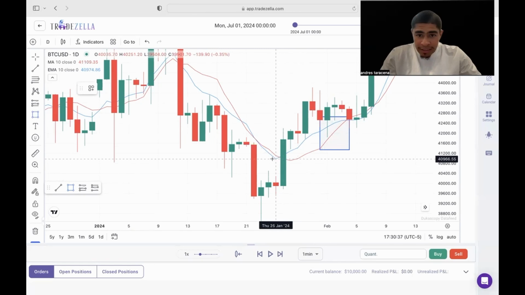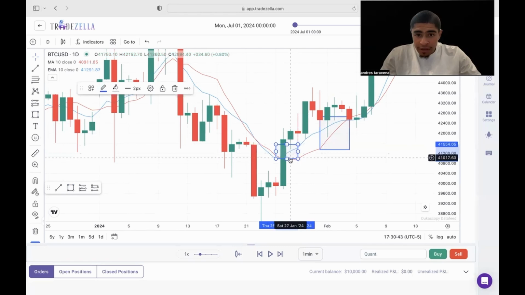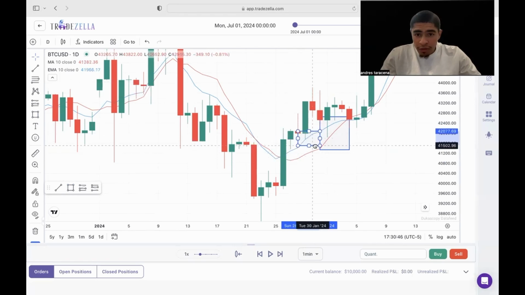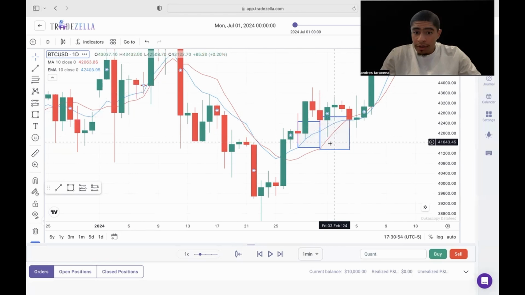I'd say this was a slight trend change. I mean, this is definitely a pretty big trend change, but I think the real one occurred right here. So you got that trend change 4 days before you would have gotten it on the simple moving average.